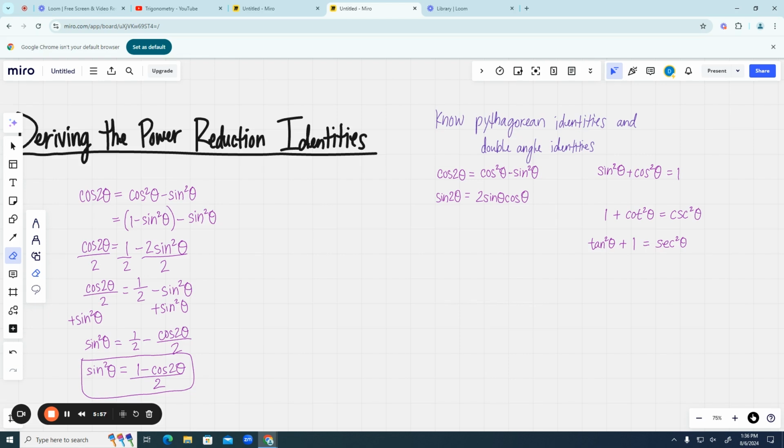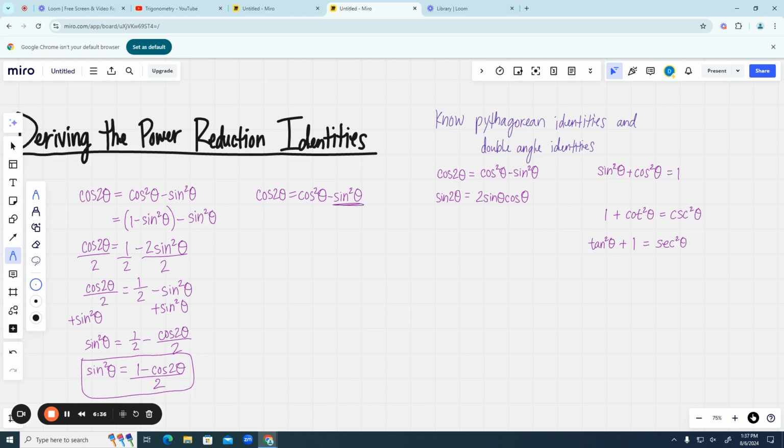Now I'll do cosine squared. For that one, we're going to start off with the double angle formula for cosine again. Instead of substituting a sine into the problem like we did here, we are going to substitute a cosine into the problem.